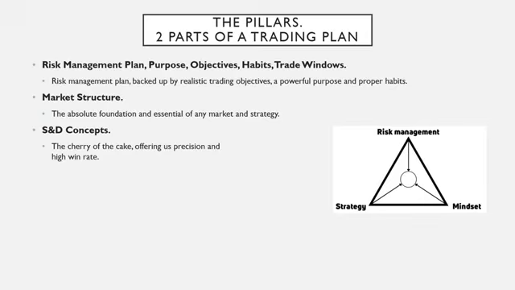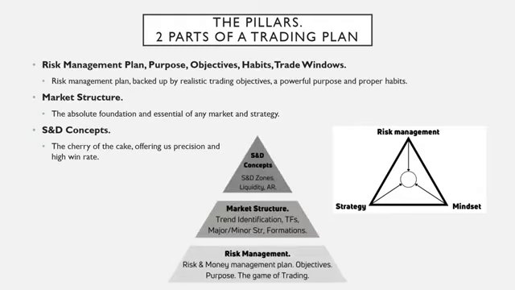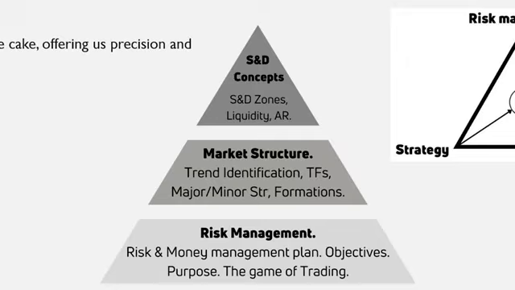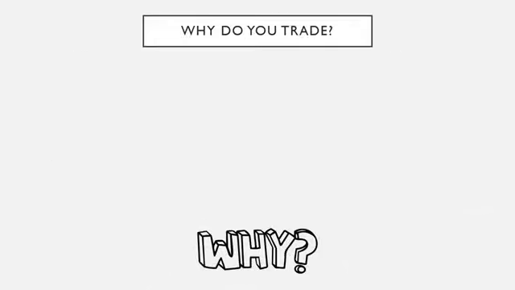Or if you have an amazing strategy and a brutal mindset, you never go emotional, but you don't have a risk and money management plan, you're still going to blow your account. Those are the 3 foundations of trading, and this is my pyramid. We start from risk management, then we learn market structure, and then we go into supply and demand concepts, entries, and everything.